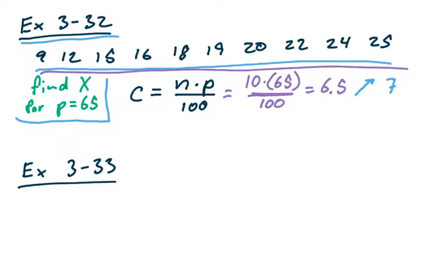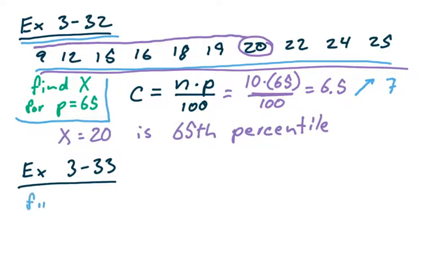Using that increased value of C, we'll count over to that value in the data set that corresponds to that count of C. So we're going to count over 7. 1, 2, 3, 4, 5, 6, 7. And we obtain a value of 20. That is the 65th percentile.